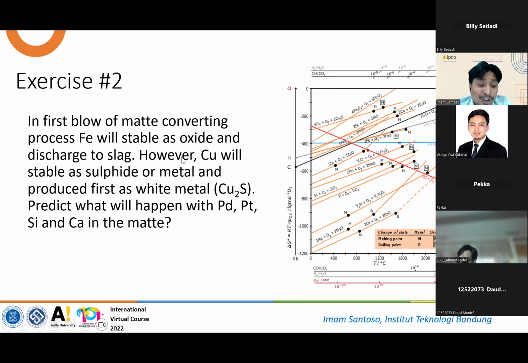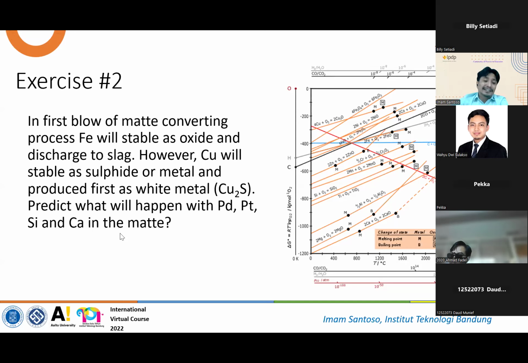And of course, we don't want copper to become oxide. If copper becomes oxide, it will go to the slag. Remember, slag is a collection of oxides. Therefore, in the matte converting process first blow, you want iron to become iron oxide that goes to the slag, but you want copper stable as sulfide or metal to produce white metal.